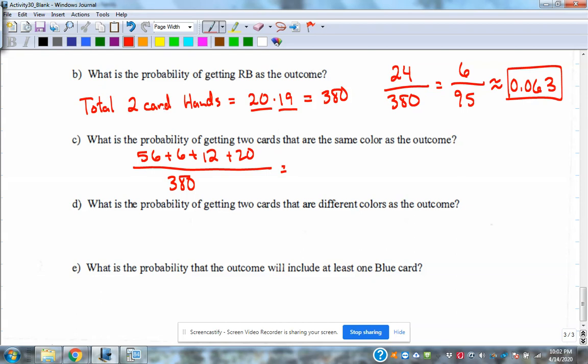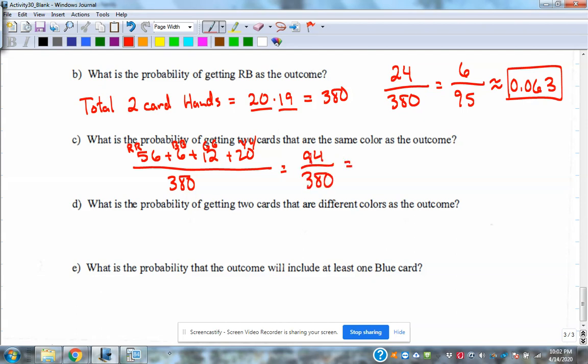And out of the 380 possible 2-card hands. So again, in your explanation, it might be good to write somewhere that it is red, red, blue, blue, green, green, yellow, yellow. Maybe that's a good way to say that. So we're going to add these things up. So 56 and 6 would be 62, and 12 would be 74, and 20 would be 94 out of 380.